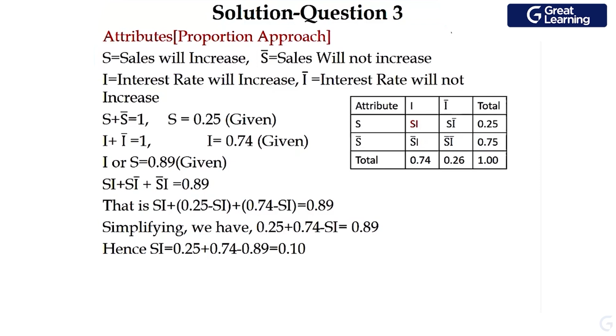Similarly, I is 0.74. So I minus SI. So that is what I have written there. But the basic idea is presence and absence of attribute is the basic principle. If you use it, you can solve the problem.